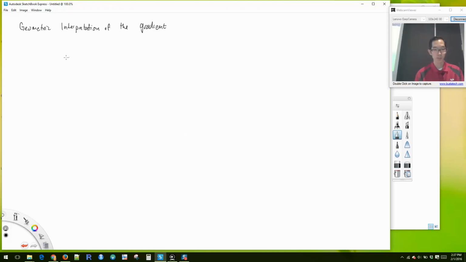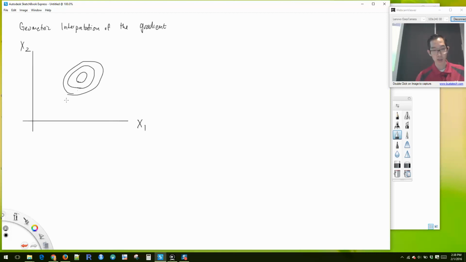Okay, so here I'm going to draw out x1 and x2. And then our function, you can imagine just having some kind of contour. Okay, so these are the contours.